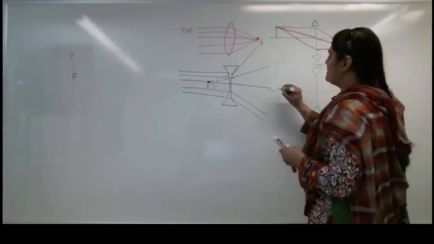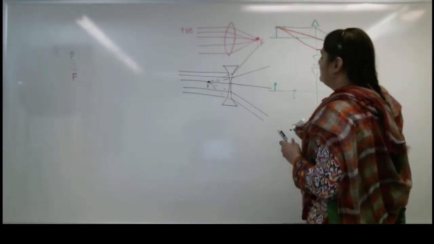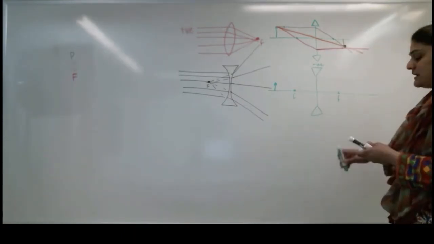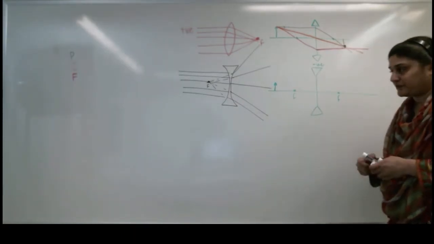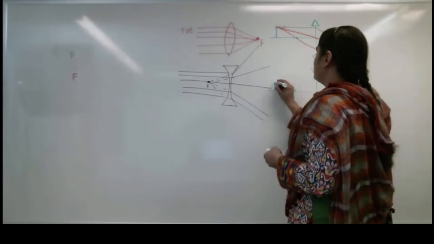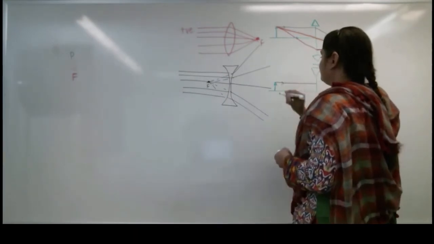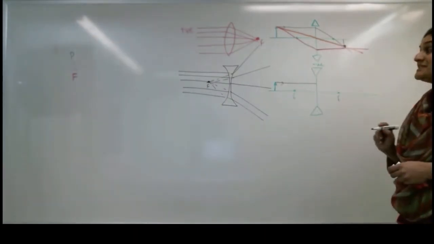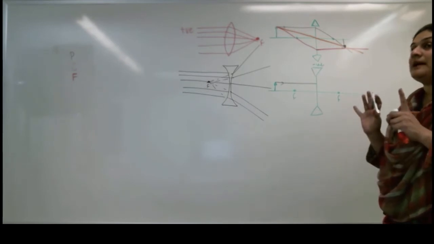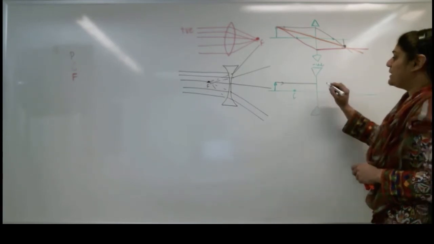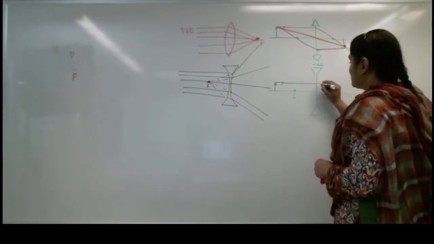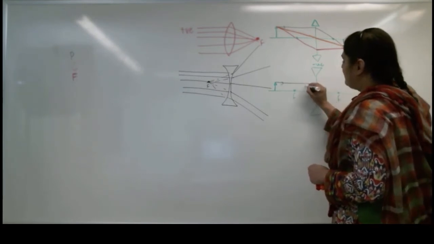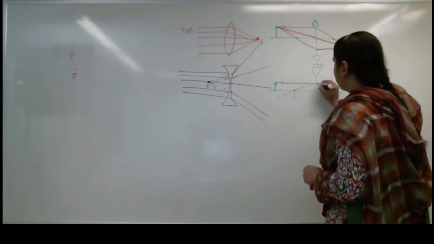I'm going to just randomly put an object here. Now how does this work? The first one is going to be parallel. This is a diverging lens, so it is going to diverge outwards, but by how much? By this much.